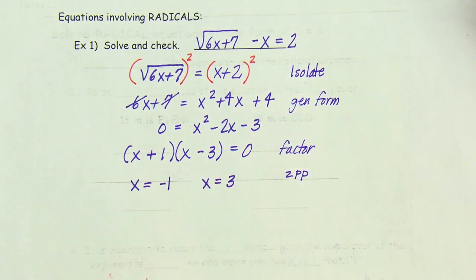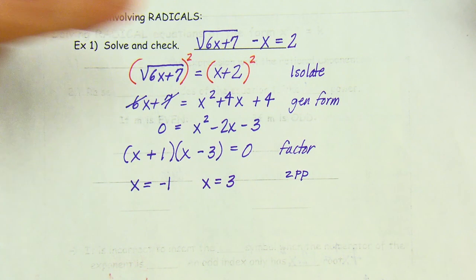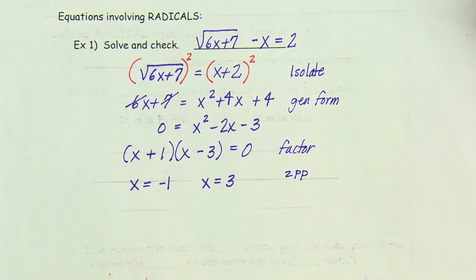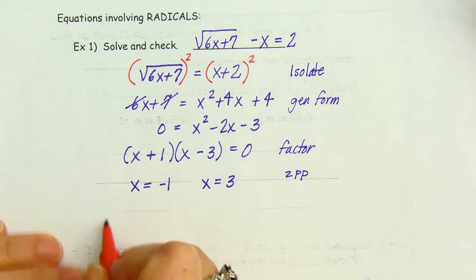It is so essential that you check these, because if you end up with a value of x that causes you to have a negative under your radical, then that's not real. Hence the reason why I make you check all of these. So, set up 2 checks.